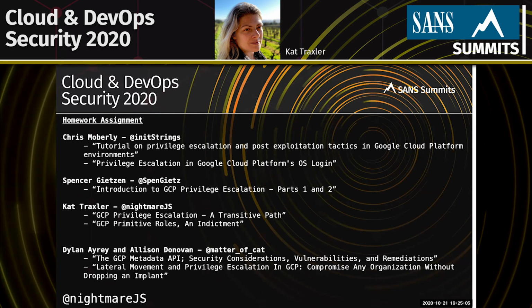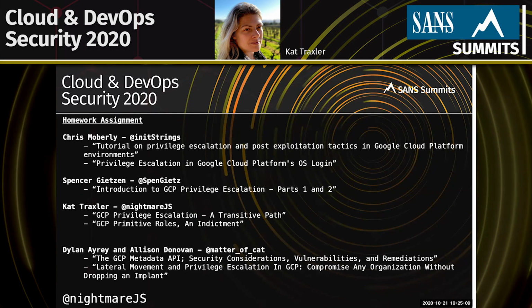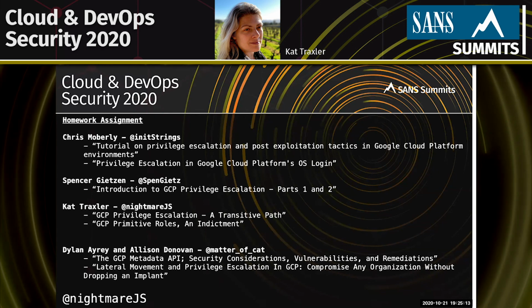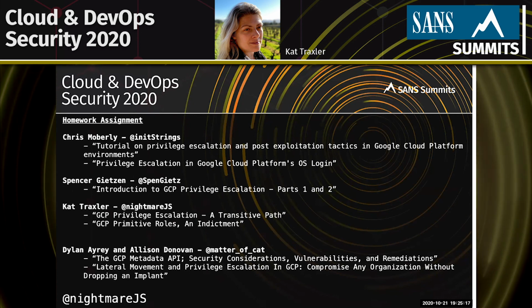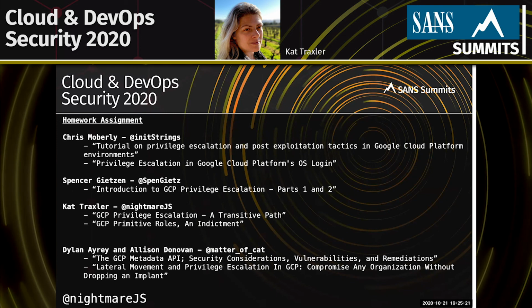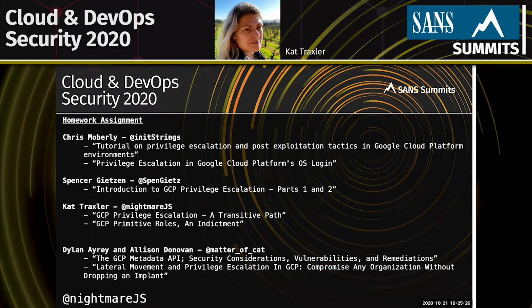And all of these resources on this slide are just fabulous reads and watches to help you get up and running in your understanding of the GCP resource model and security posture. One thing I will underscore and put an exclamation point next to, all of these resources have been published since February 2020.